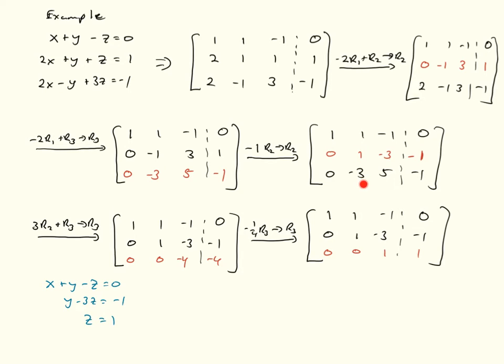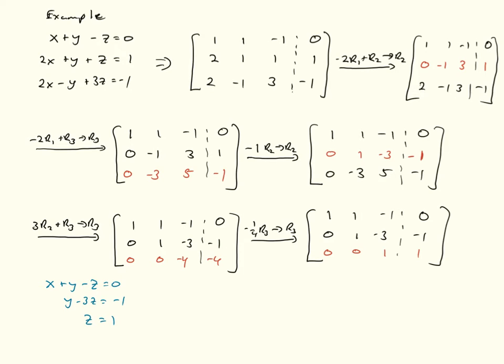I now need to get a 0 here. So what I'm going to do is take 3 times row 1, or row 2, sorry, 3 times row 2, and add it to row 3 and store it in row 3. So again, row 1 stays the same. Row 2 is staying the same.